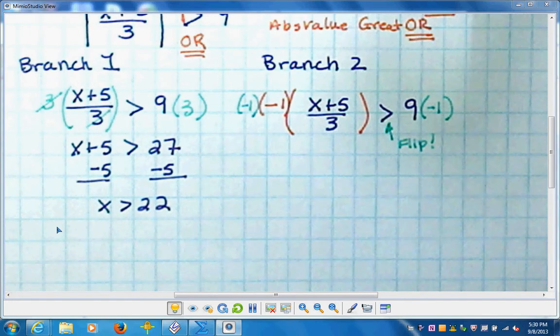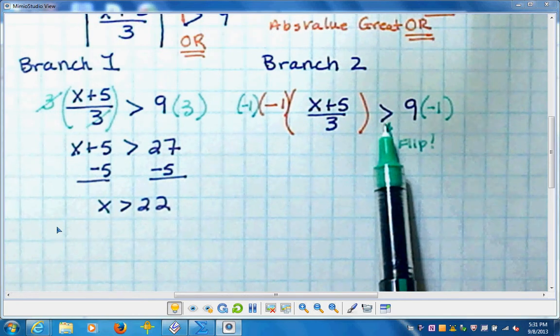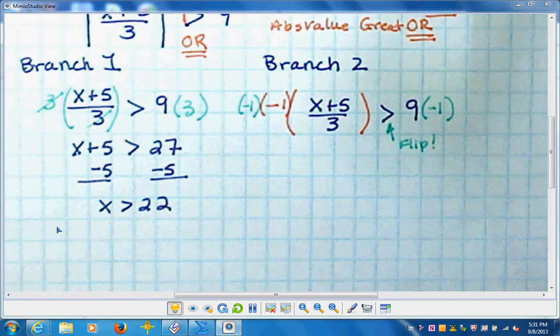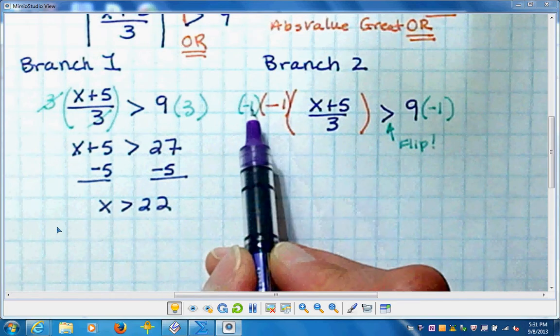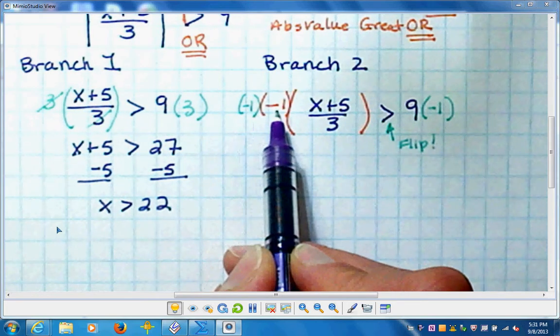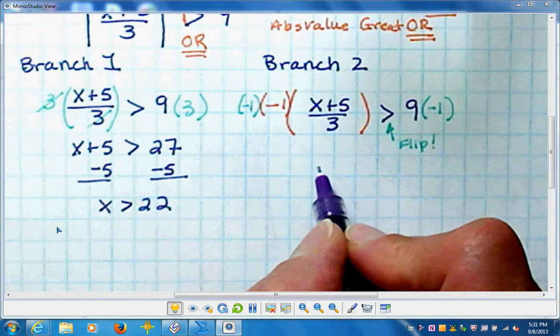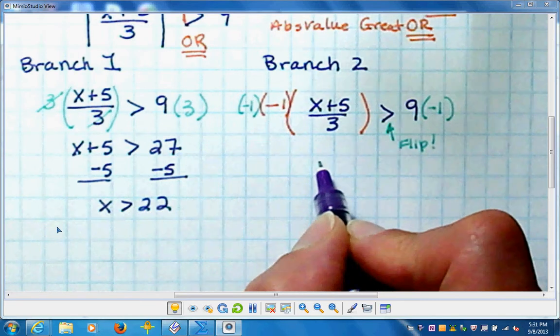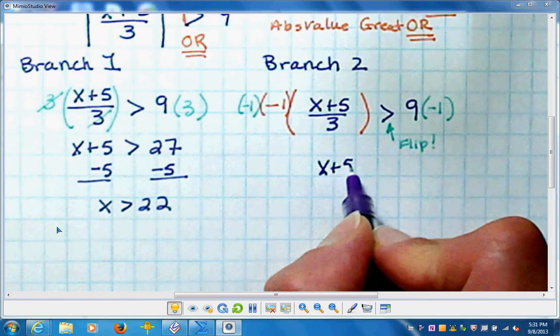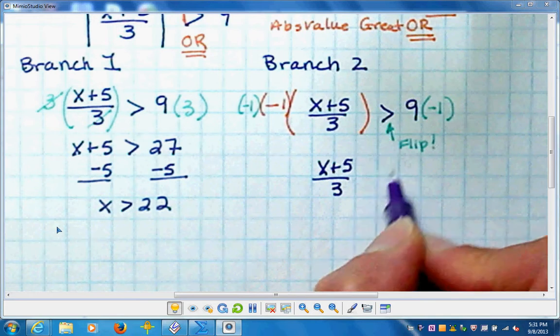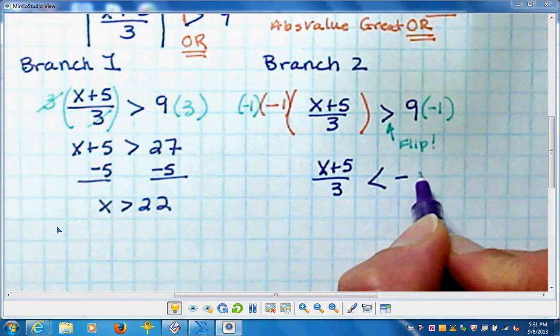If it's either multiplying or dividing by a negative, then the inequality symbol flips. So negative 1 times negative 1 is positive 1, which leaves me with x plus 5 over 3, flip my inequality, negative 9.